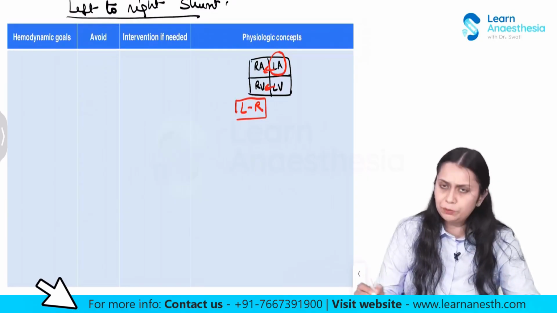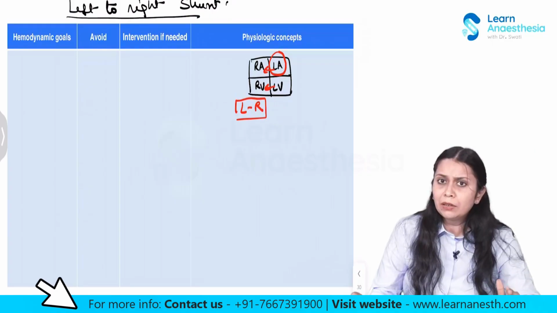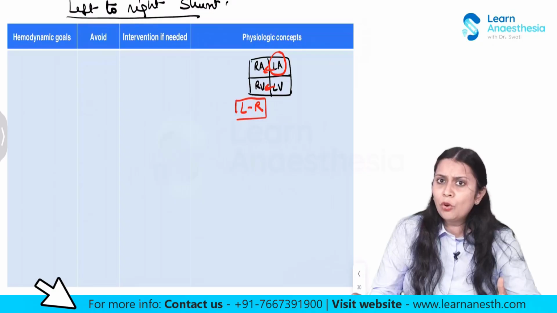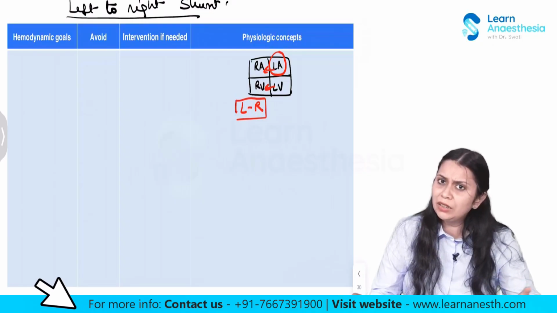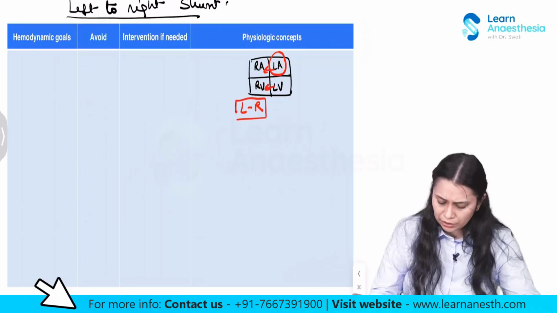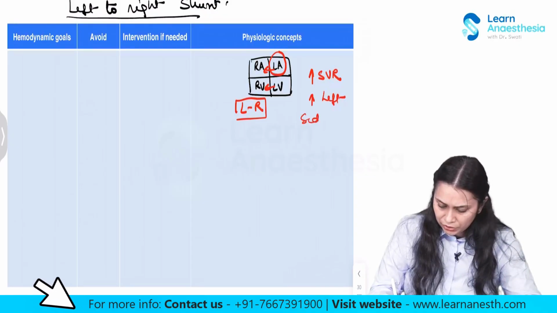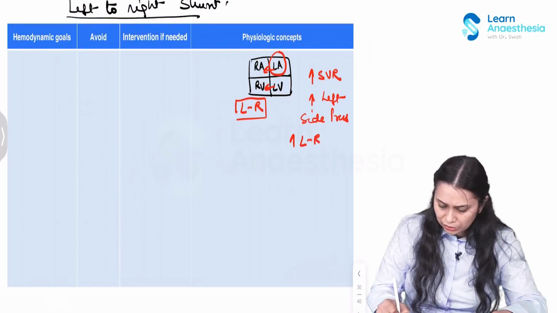The left-sided pressure should be slightly decreased, because if left-sided pressure increases, more and more blood will get wasted and go and mix in the deoxygenated chamber of the heart. So increased systemic vascular resistance, increased left-sided pressure, would increase the left to right shunt.